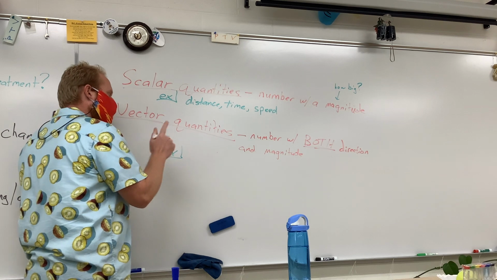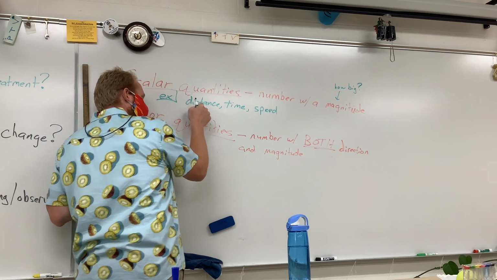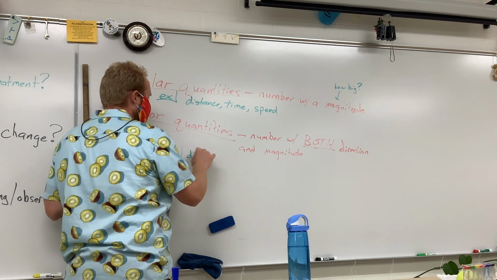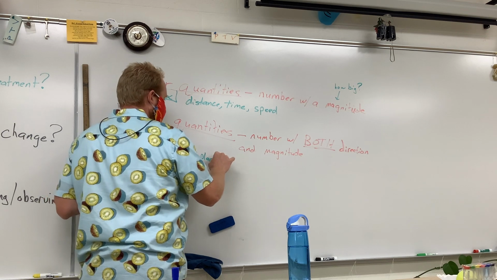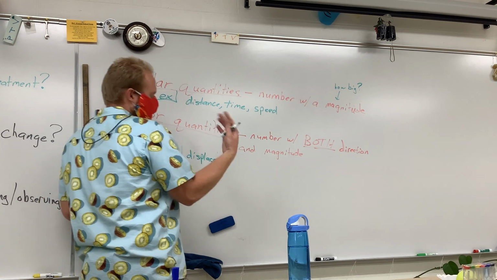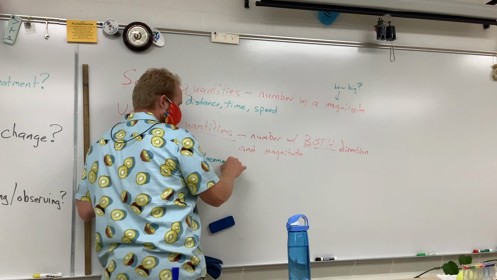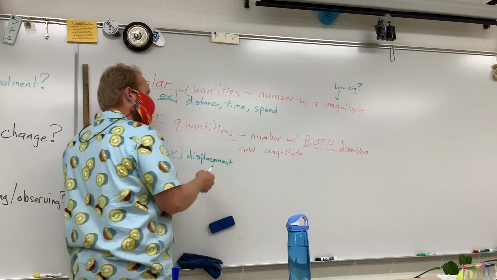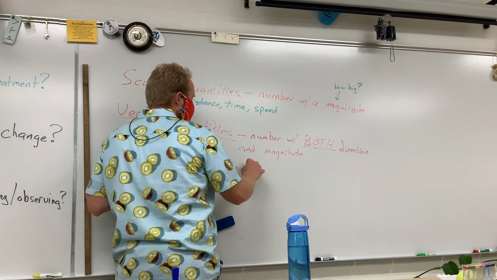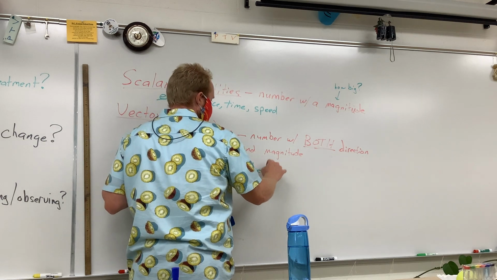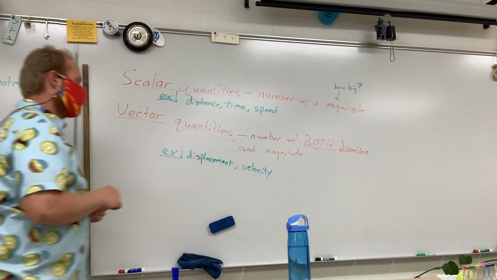Okay, so instead of talking about distance, for now, we're going to talk about something called displacement. Time, there is no vector counterpart, but instead of speed, we'll talk about velocity.